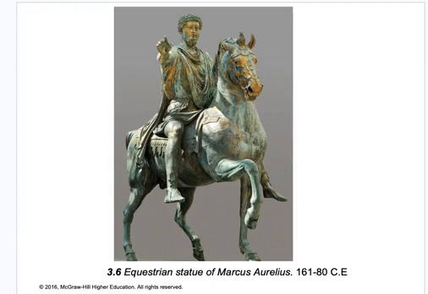The original would have had that horse's hoof that's up in the air stepping on a slain enemy to show his power in leadership and defeating other nations, and that he was in control of his empire.